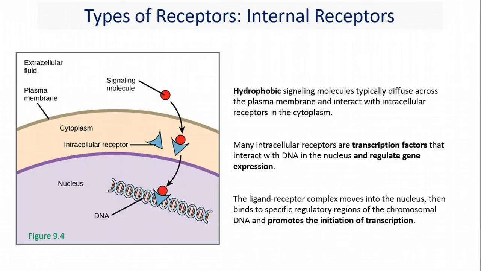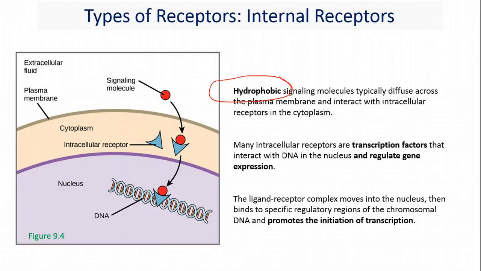So an internal receptor does not require the transduction of a signal across the cell membrane by a transmembrane protein, because the signaling molecules are hydrophobic, and they can simply diffuse across the plasma membrane. Remember that the more hydrophobic and the smaller a molecule is, the easier a time it has diffusing through the cell membrane.